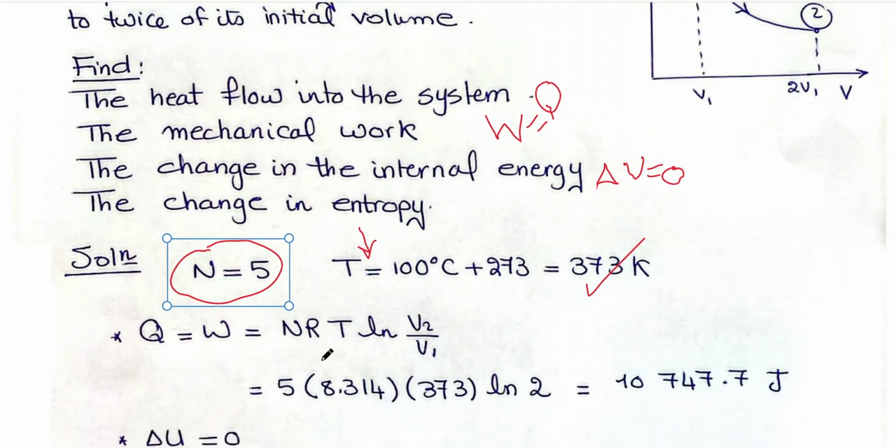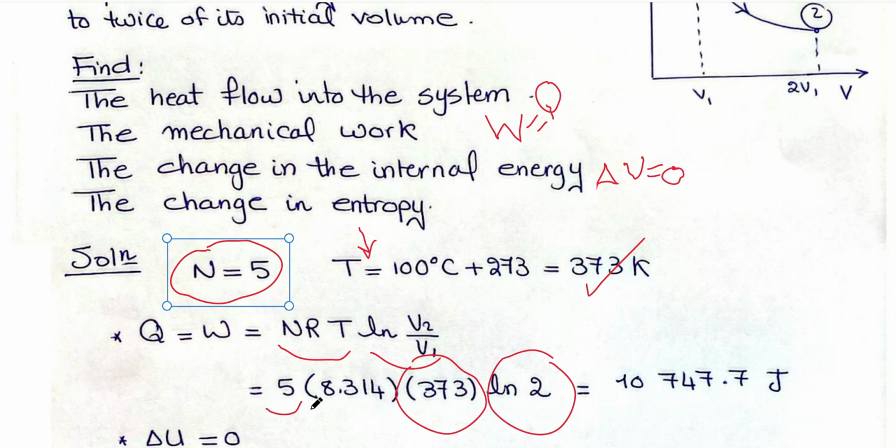Q equals work equals nRT ln V2 over V1. Ln V2 over V1 means ln 2. Temperature, put it in Kelvin, and 5 moles, and substitute with the R. You can get the amount of heat, which is the same as the work done by the gas.